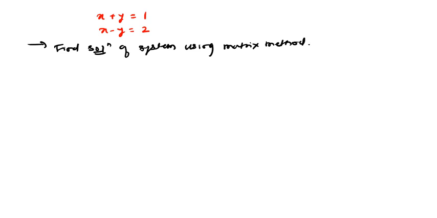Okay, now we know by the matrix method, from AX is equal to B, we can find this X, that is equal to A inverse into B. So we will try to find the inverse of this matrix A. Firstly you must know what the matrix A is.